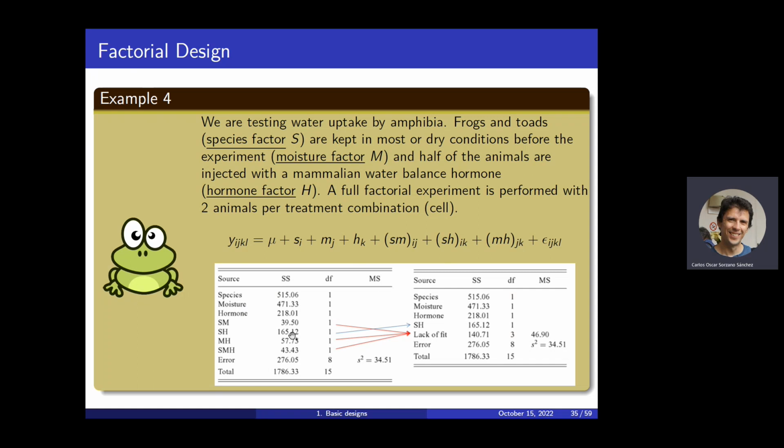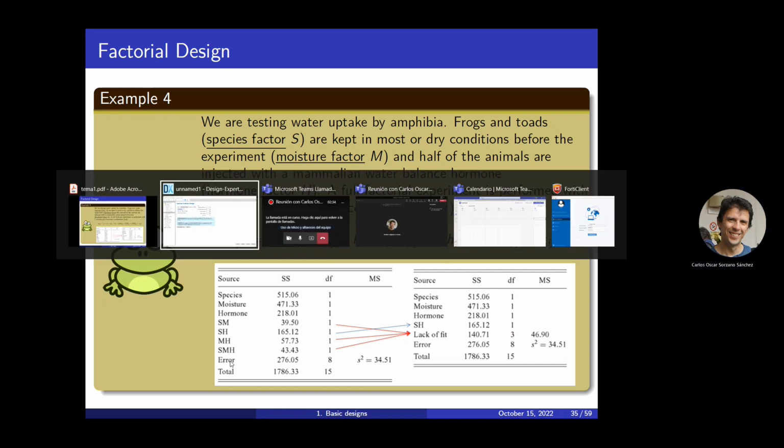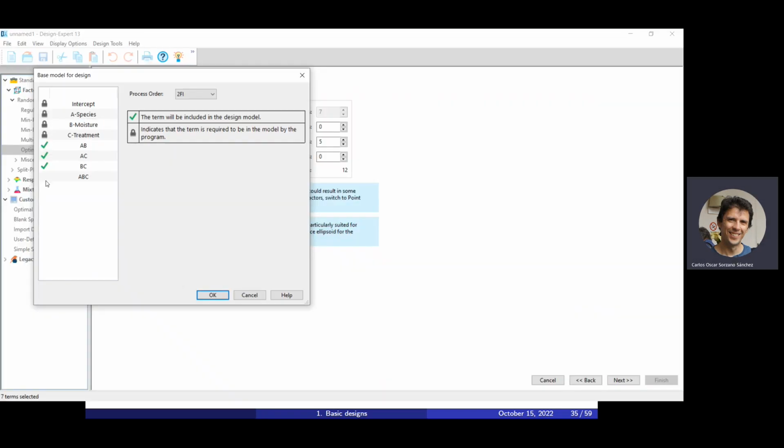In this equation, I forgot to include the third order effects that were later analyzed, but we have them here, so we can include them or we may not. Let's say that we are not interested in the third order effects, so we don't include them. Let's do it as we did in the slide.